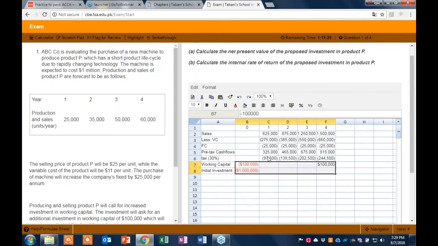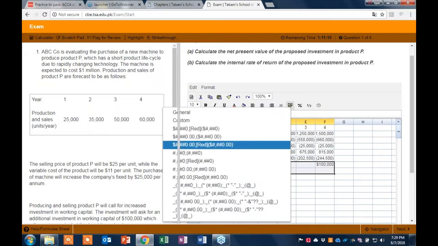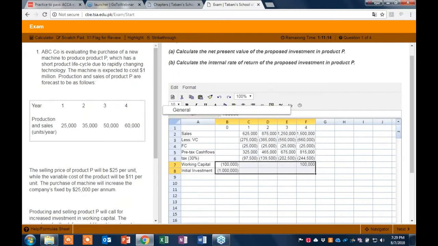Let me change the format because this isn't matching. So 1 million will be shown as negative as it's a cash outflow. And since we will be investing 1 million at point 0, there will be no cash outflows regarding this investment in the later years.